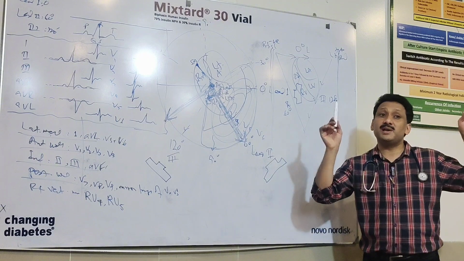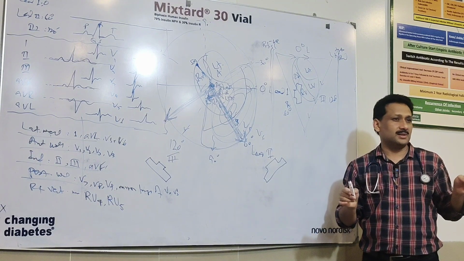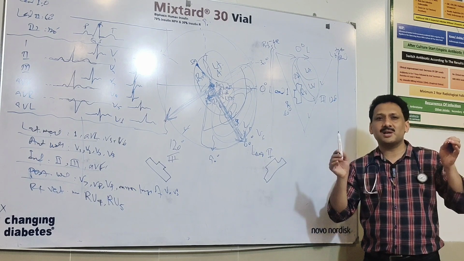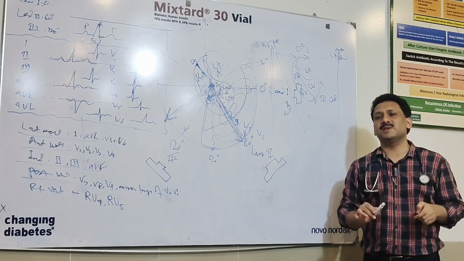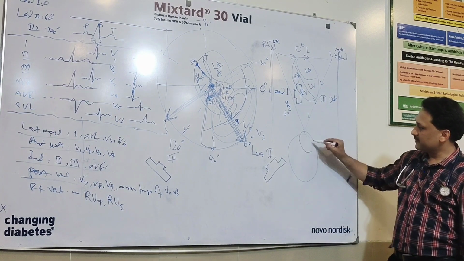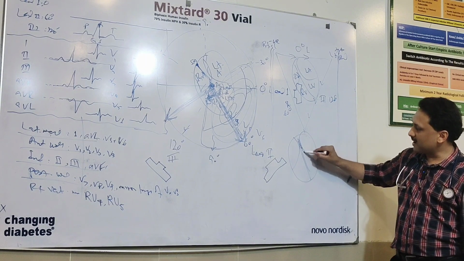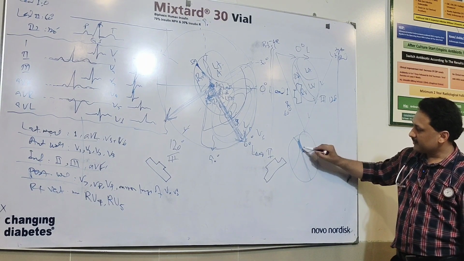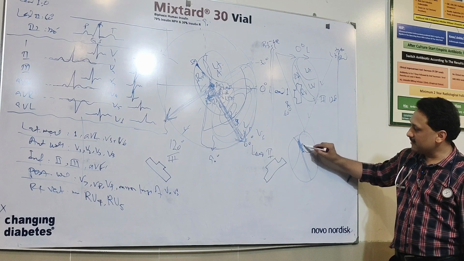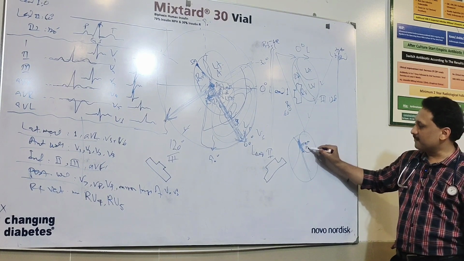The world's biggest reason of mortality is cardiovascular disease. So ECG is such a good guide about these ischemic heart disease states. Here the heart is. From this part, there are arteries known as coronary arteries, obviously the main stem.